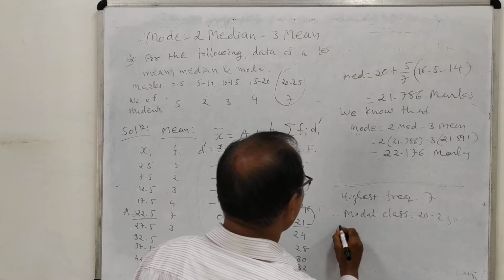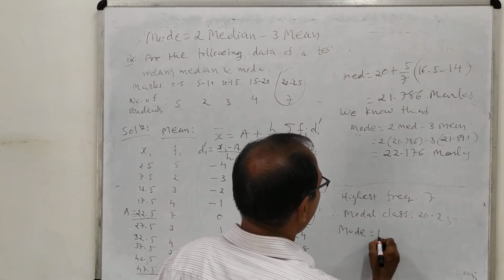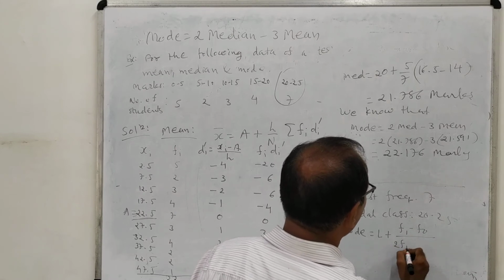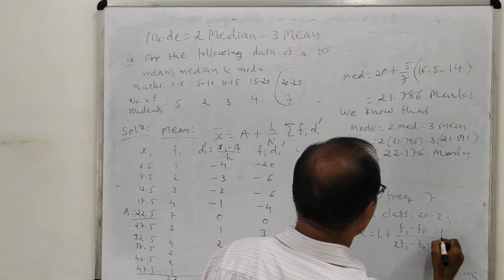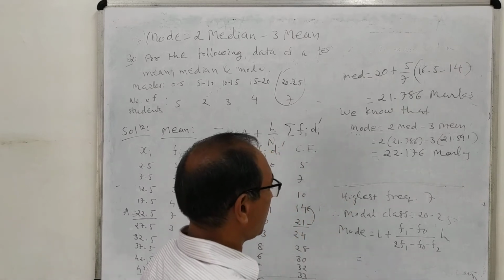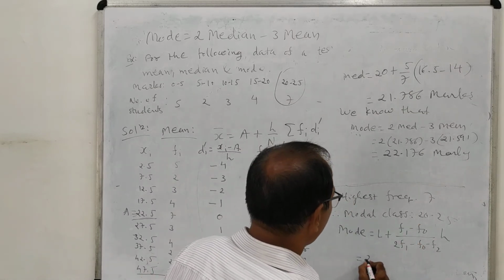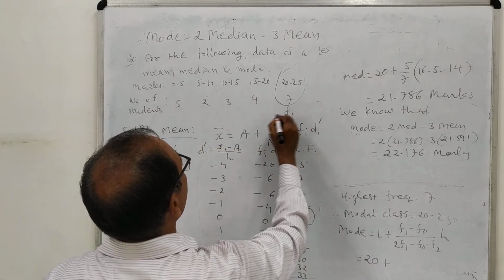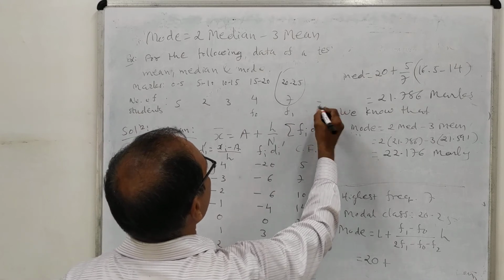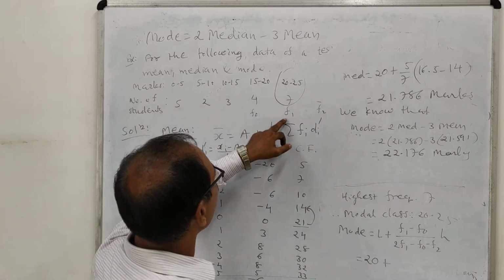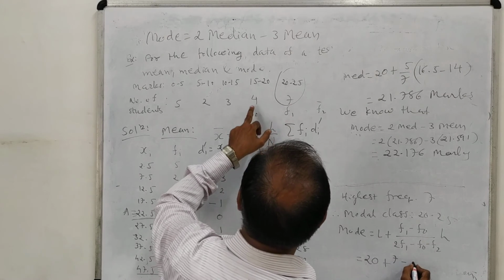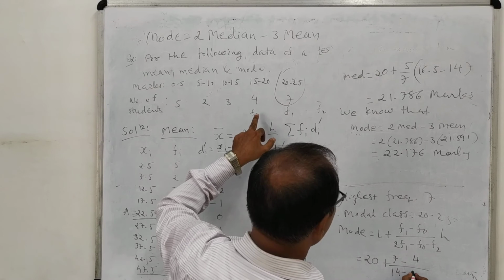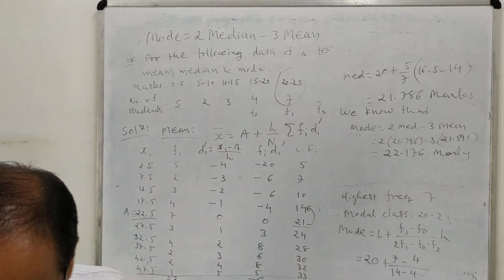So the mode formula is L plus F1 minus F0 divided by 2F1 minus F0 minus F2, into H. Here L was 20, the lower limit. F1, F0 and F2 are what? We call this F1, F0 as this, and F2 is the next frequency. So F1 was 7, F0 is 4, divided by 2F1, that is 14, minus F0, 4, minus F2.